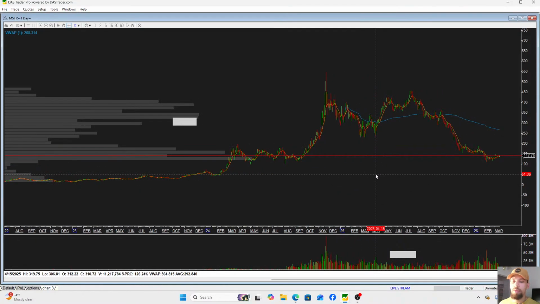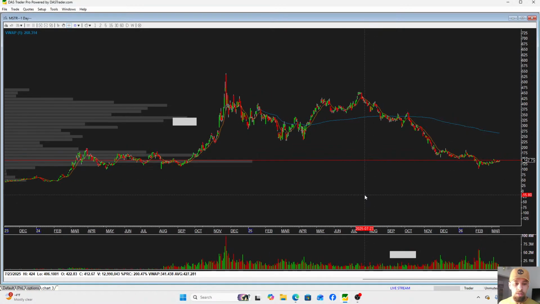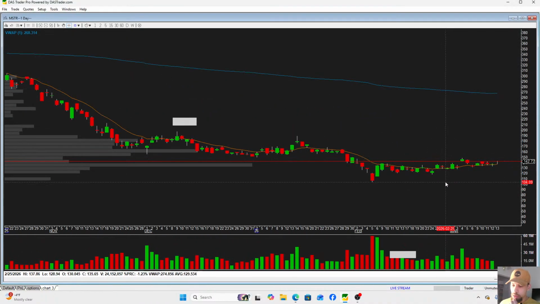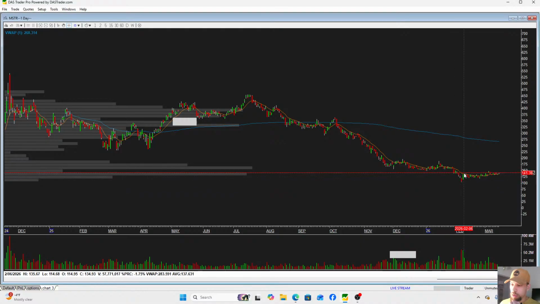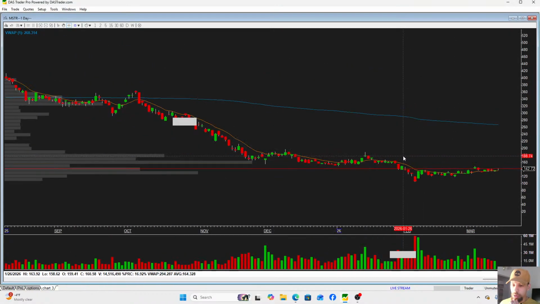I don't know the full name of the company. Maybe Master. I don't know. I'm just looking at the daily here. A lot of liquidity towards like 166 or 160, give or take. We've been in a bit of a consolidation here, and so this might be good for a potential long break.